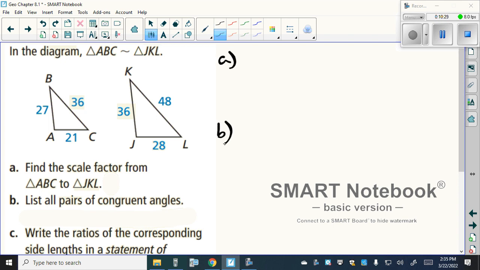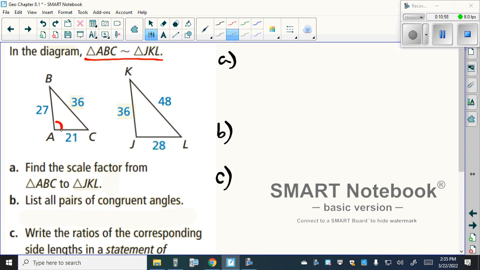So we'll find A in a minute, because finding the scale factor is really a little bit easier if we know which side lengths work together, which ones are proportional. I think out of all three, it's a little bit easier to find the angles first, isn't it? Because it's just based off of what? Our beginning statement. So it starts out saying ABC is similar to JKL.